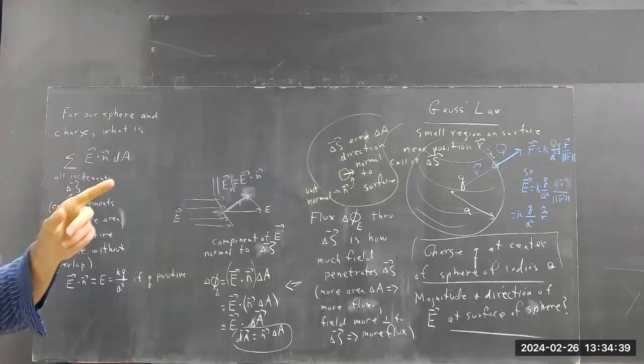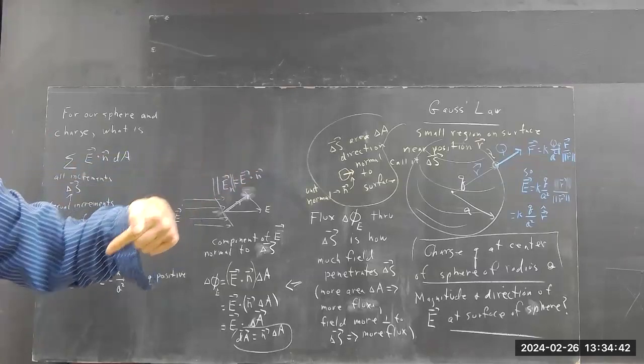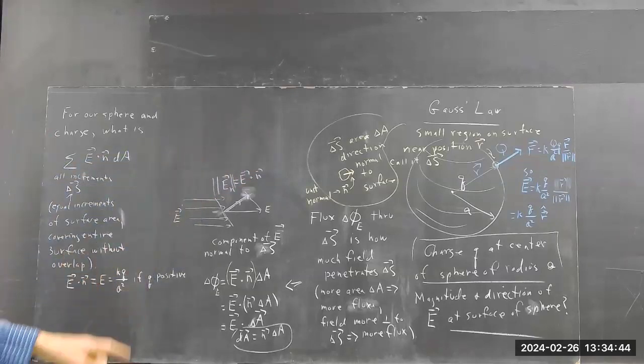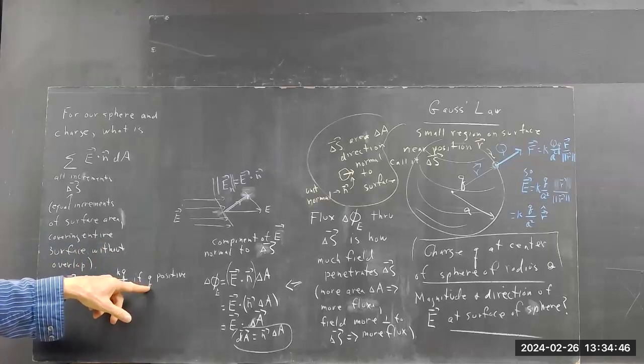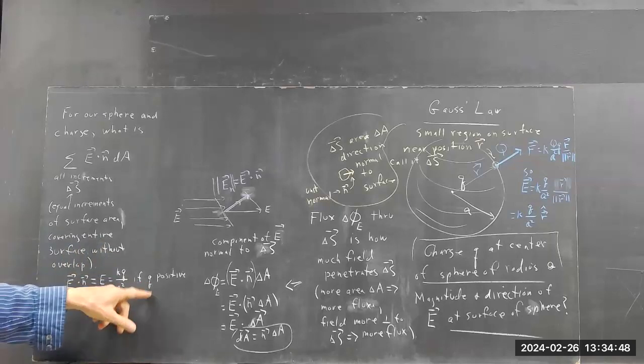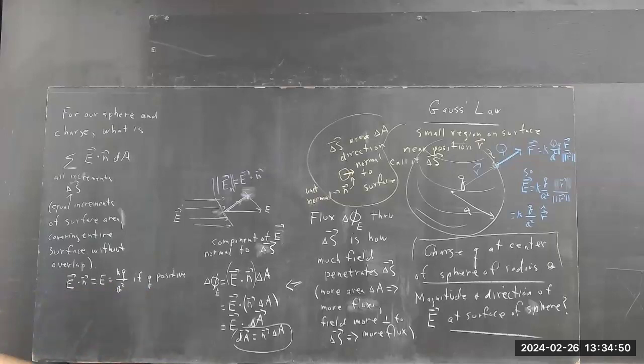Now, is E radial outward or radial inward? That depends on Q, whether it's positive or negative. If Q is positive, then it's KQ over R squared.